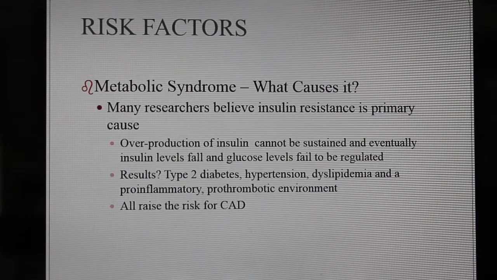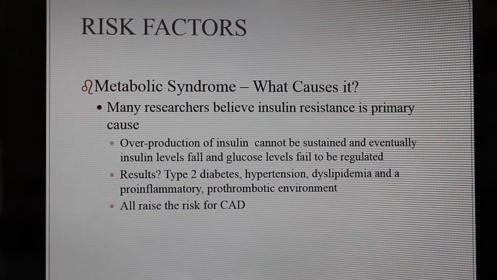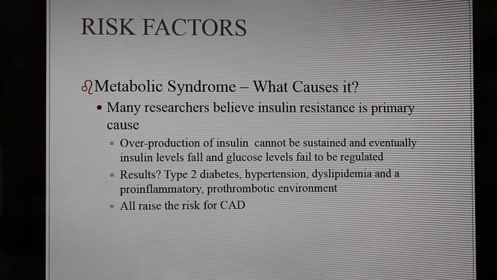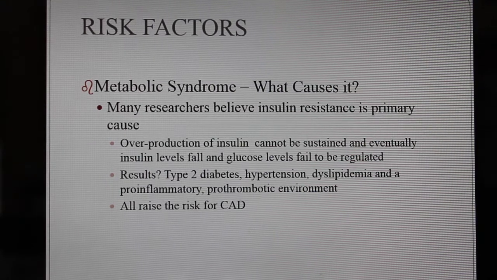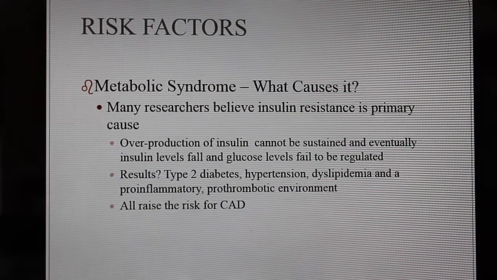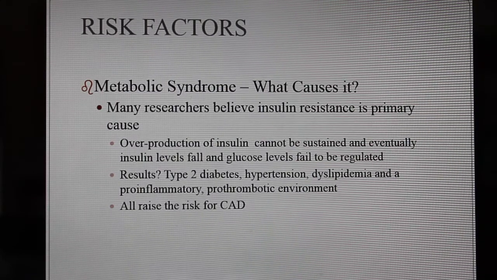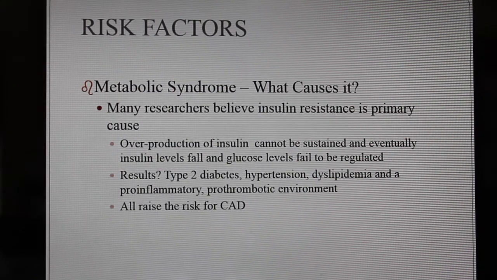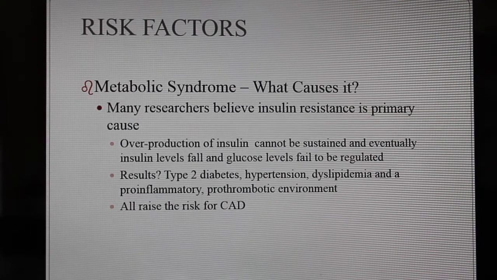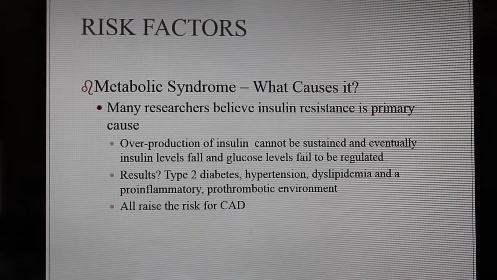Those risk factors, 3 of 5 of them, are typically high blood pressure, high blood sugar, and high cholesterol, okay? So that's typical. And when those 3 have been diagnosed, then you are known to have metabolic syndrome. Okay, I hope that is clear.